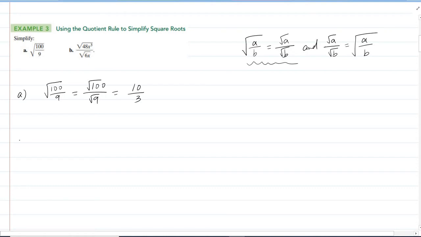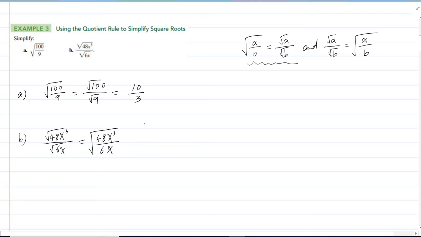So let's go ahead and work on part B. Square root of 48x cubed over square root of 6x. So now we can rewrite this as equal to under one square root, 48x to the third power over 6x.